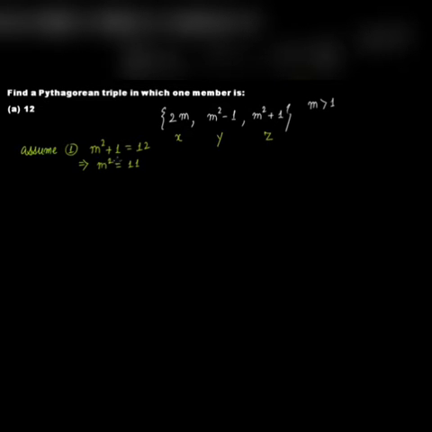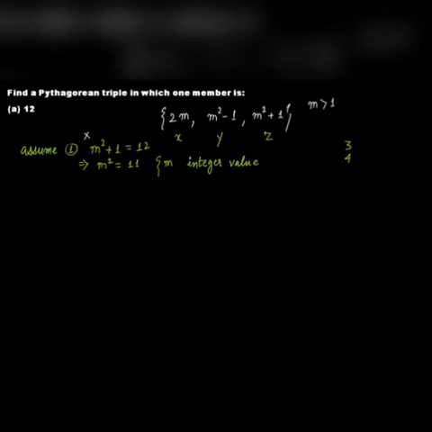No, again you're not getting 11. It means that the value of m from here will not be an integer value, because m equal to 3 gives 9 and m equal to 4 gives 16, so between 3 and 4 there is no other integer that can satisfy this. That's why this assumption is wrong.